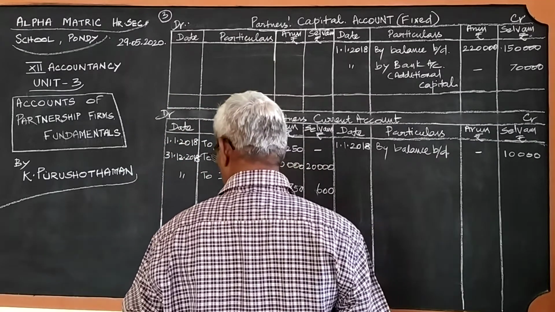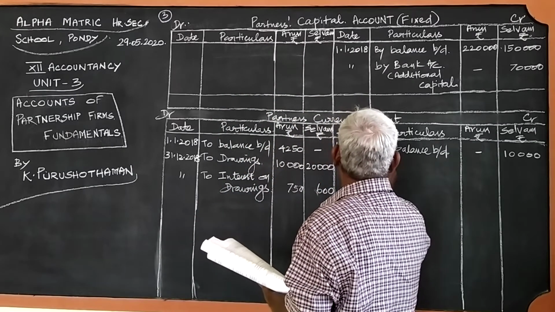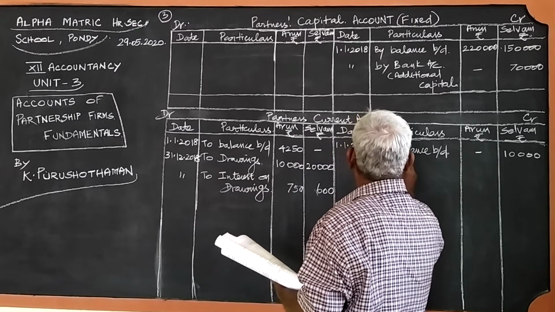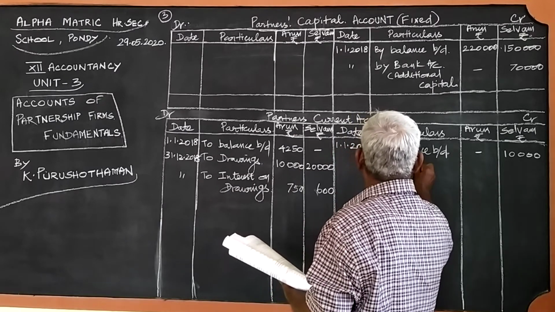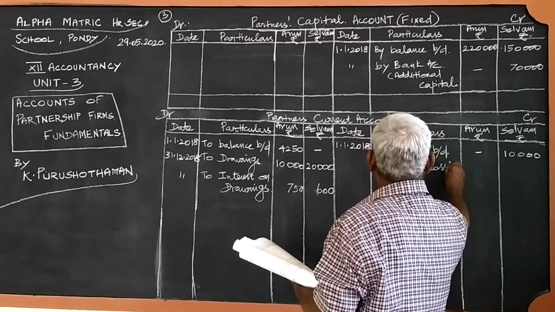Then the next item will be share of profits, by profit and loss account or profit and loss appropriation account.